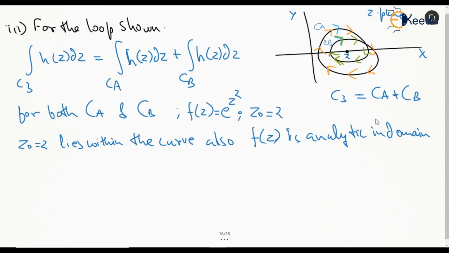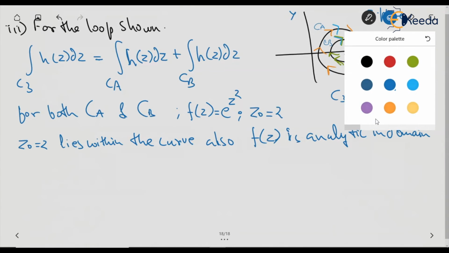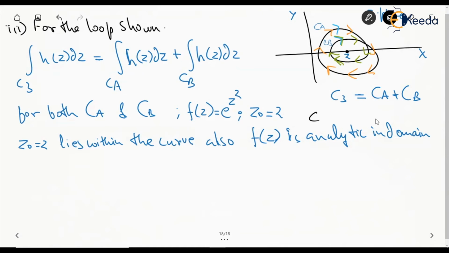So in that case we can again apply Cauchy's integral formula, but minding one thing, and this is very important here, which is the contour is clockwise. The contour is clockwise.